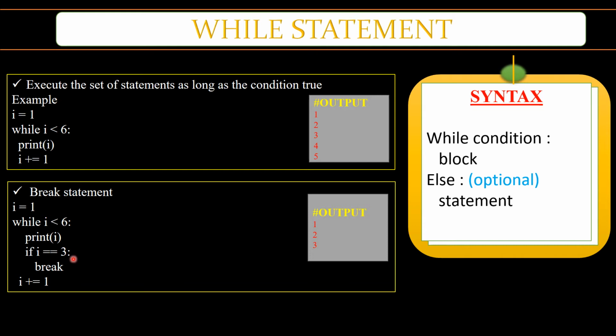The condition is false, so increment: 1 plus 1 is 2, and 2 is printed. Again the check is false, so i equals i plus 1, now 3, and 3 is less than 6, so we print the 3 value. Now i is 3, so 3 is equal to 3, the condition becomes true, and the break statement makes it come out of the loop.